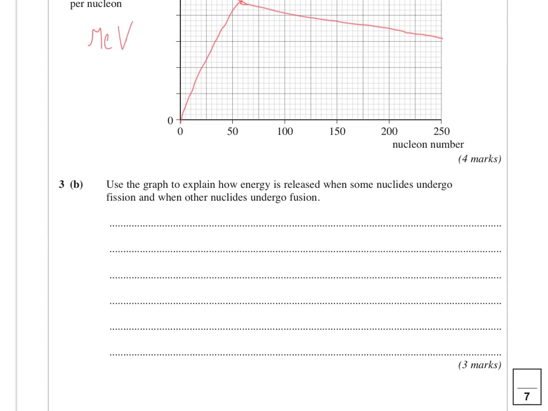Okay, use the graph to explain how energy is released when some nuclides undergo fission and when some undergo fusion. So essentially, you get energy released when binding energy per nucleon is increased.